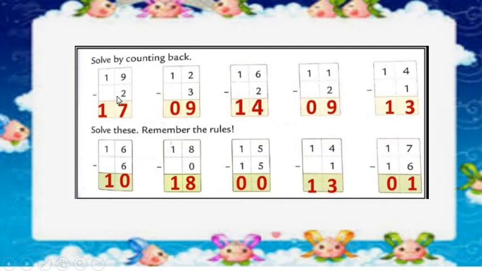Let's see how we can solve it. Start with the bigger number. You can see that number 19 is the bigger number. Counting back 2: 18, 17.